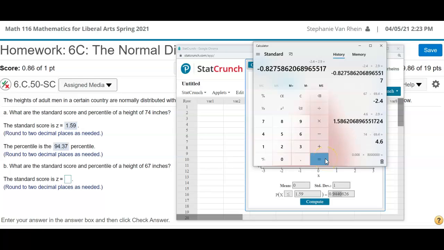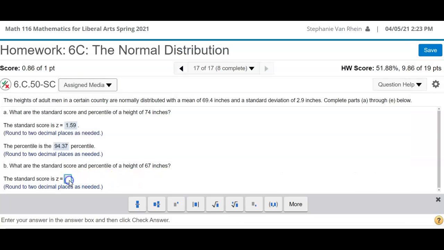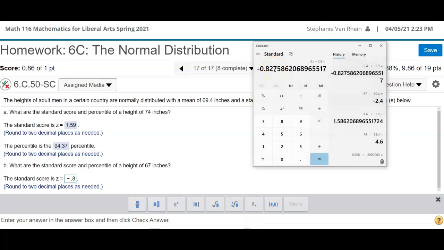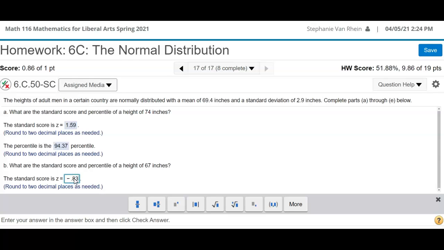Doing that I get negative 0.827. Round to 2 decimal places. So that 7 makes that 2 a 3. So negative 0.83, right? Negative 0.83.